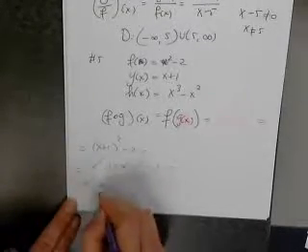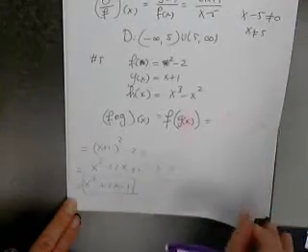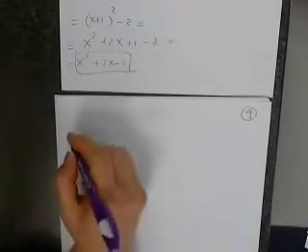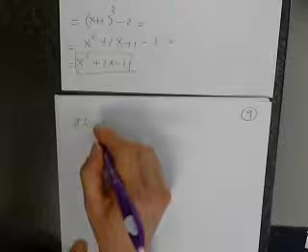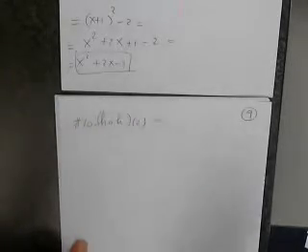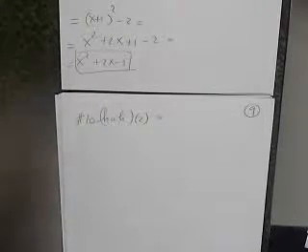So this is x squared plus 2x minus 1. I would like to look at problem 10. Please stop me if you have questions. In problem 10, we are asked to find h comp h of 2. What do I have to write first?